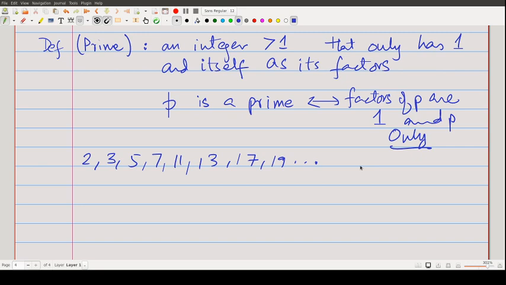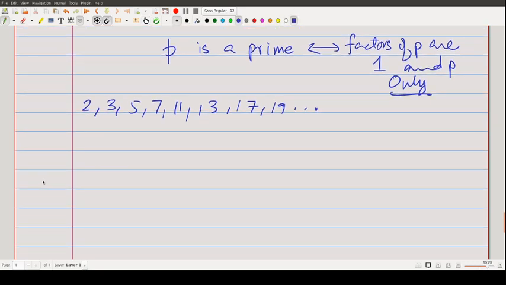The next thing that we have is the fundamental theorem. So we are going deep into number theory now. So let's look at the fundamental theorem of arithmetic. The fundamental theorem of arithmetic is as follows.